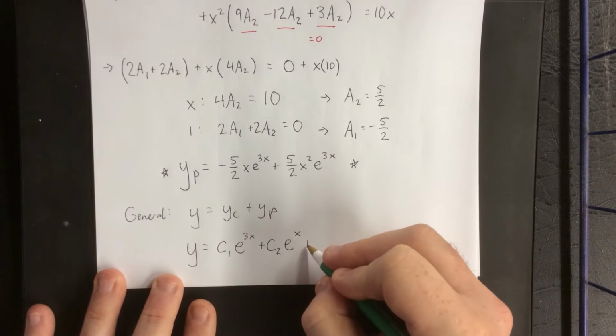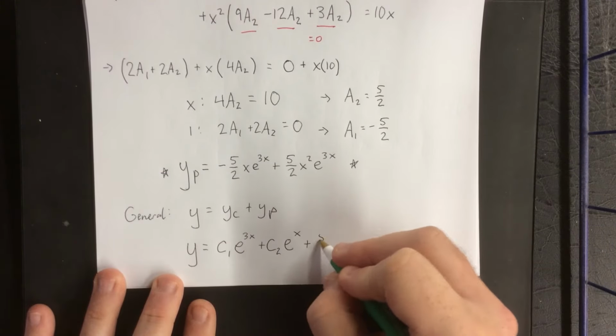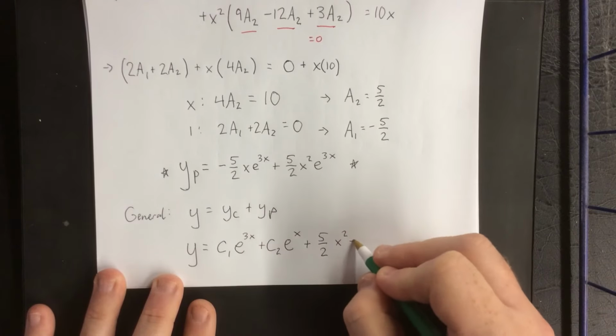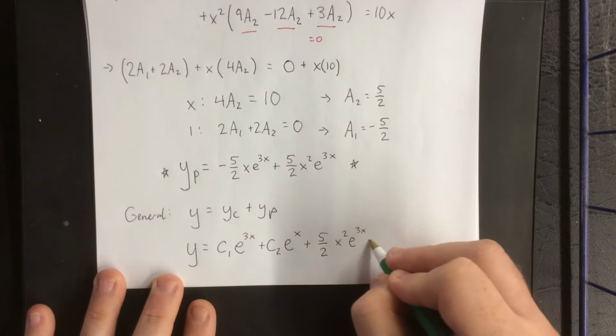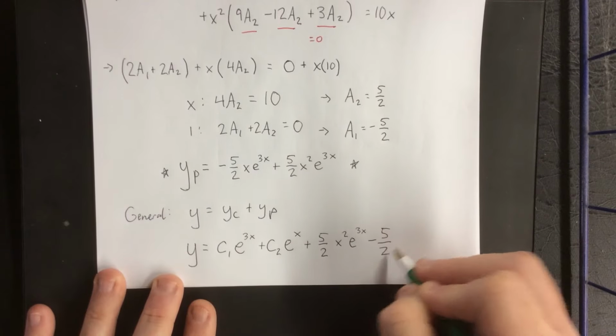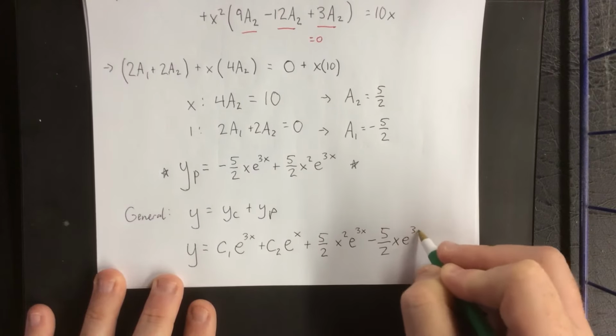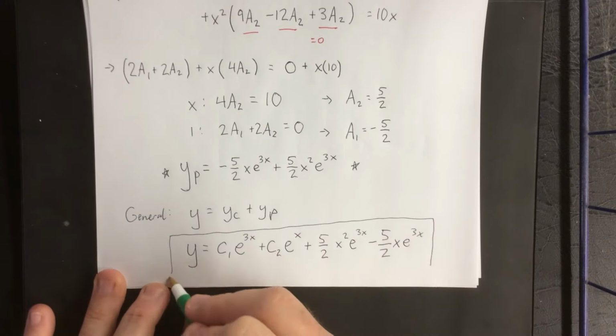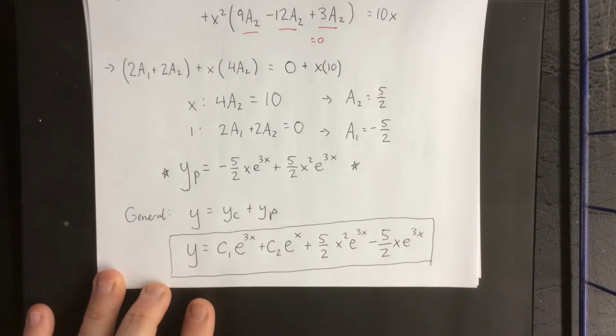The particular solution, since I've already screwed up and written that down as a plus sign, we'll do the a2 term first, and then minus 5/2 x e to the 3x. The order in which you write the terms is not horribly important. What is important is that they are all there.